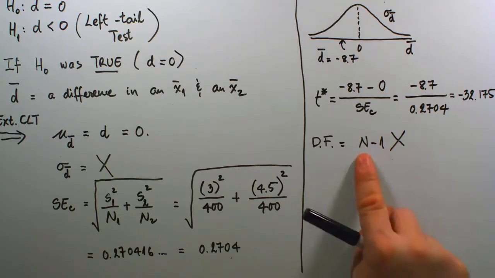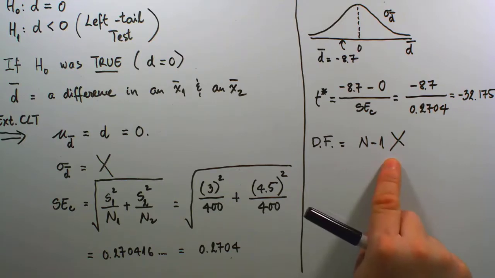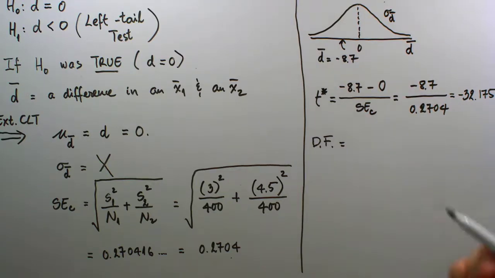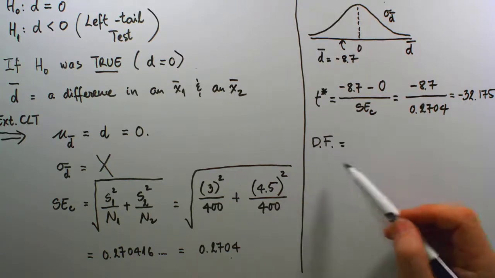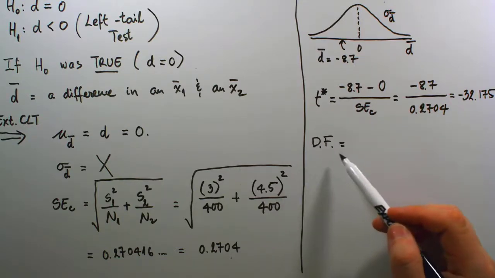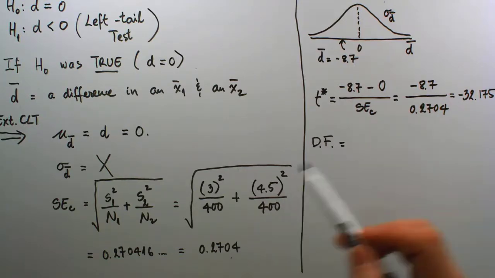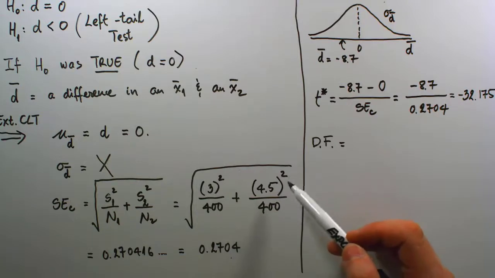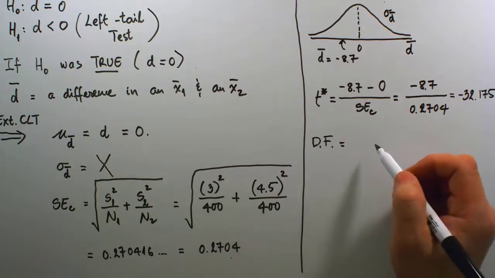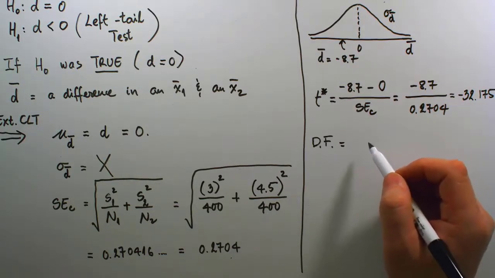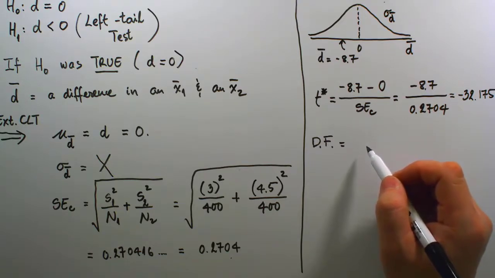If it's just n minus 1, then which one of n1 and n2 will be chosen for n minus 1? There are a few different options for finding the degrees of freedom in case we have two independent samples like this. I chose to teach students of mine, as well as viewers of this video lesson, the option that comes with a somewhat messy formula.